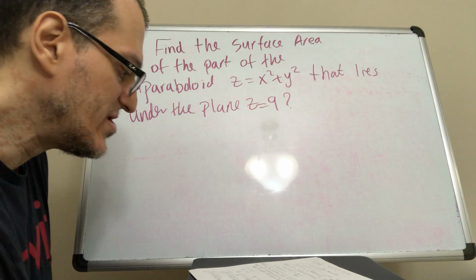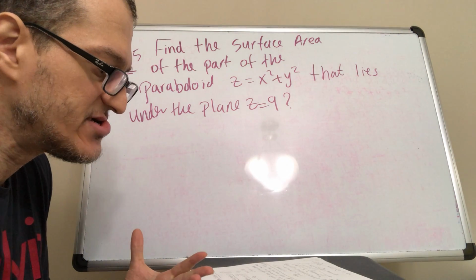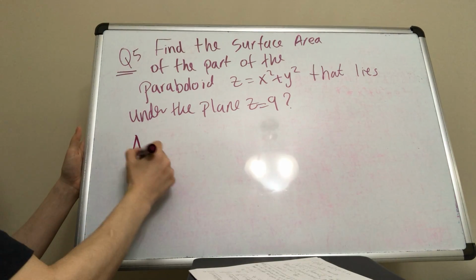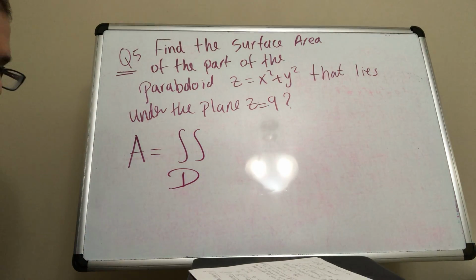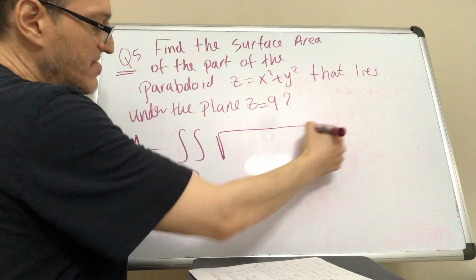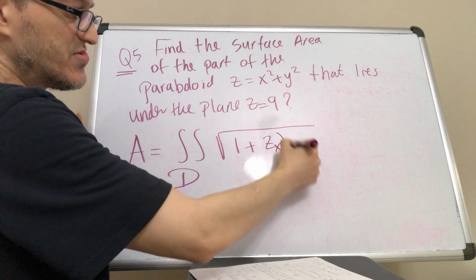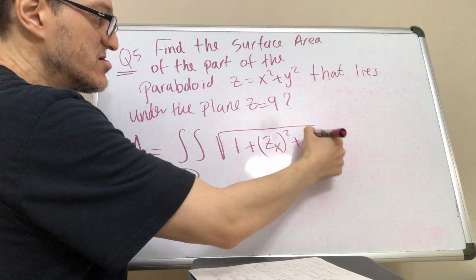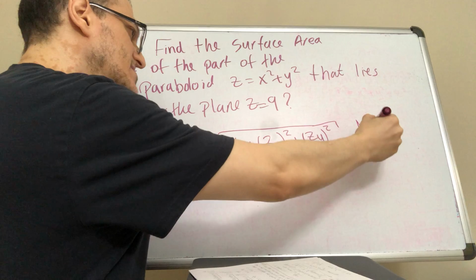Okay, when they say find surface area and you have a function in terms of x, y and z, the rule is the integral over D, where D would be the dimensions, basically, of the square root of 1 plus the derivative of the function with respect to x squared, plus the derivative of the function with respect to y squared, dA.